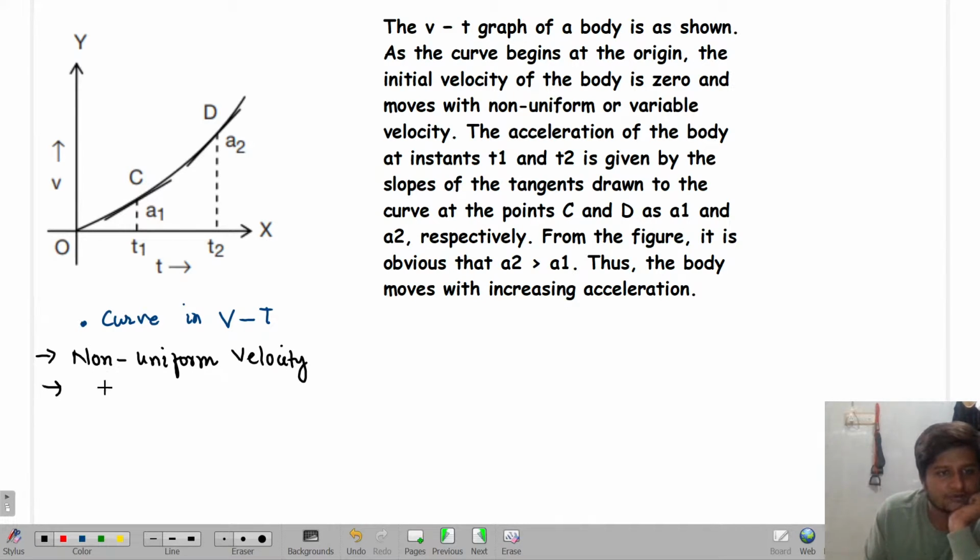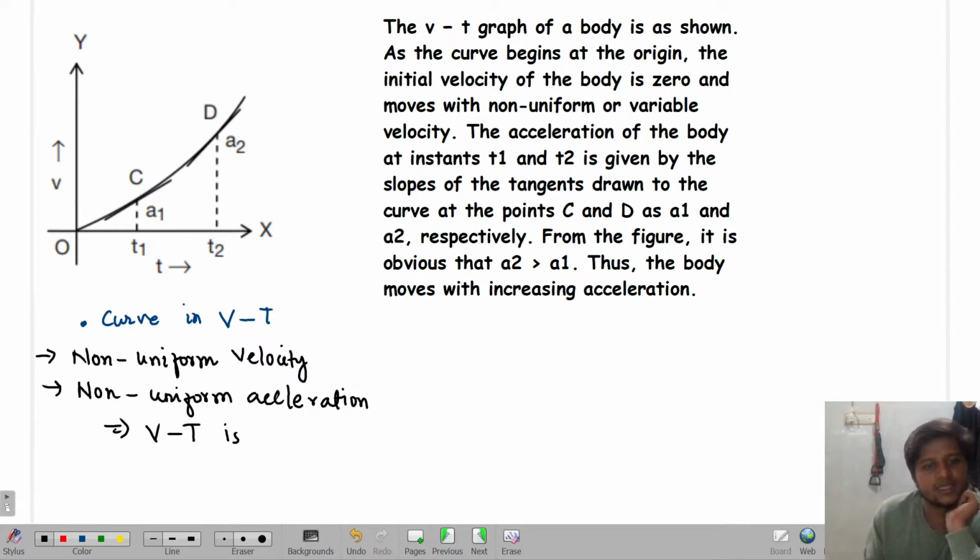And in non-uniform velocity, non-uniform acceleration also, when the Vt curve is rising up. Got it or not? Okay.